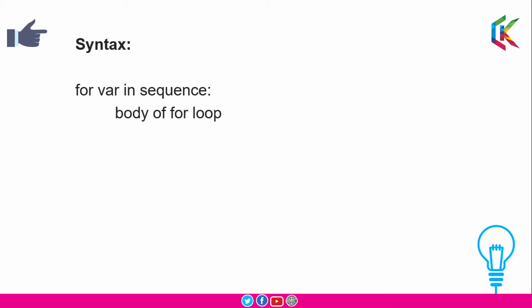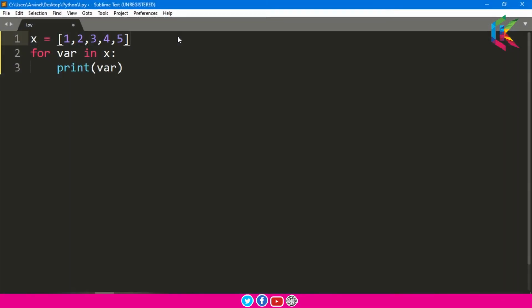Let's open up Sublime Text and I will show you the working of the for loop. We have a list of items assigned to x, and as we all know, a list is a sequence. In this for loop, var is a variable that takes the value of the item inside the list on each iteration.